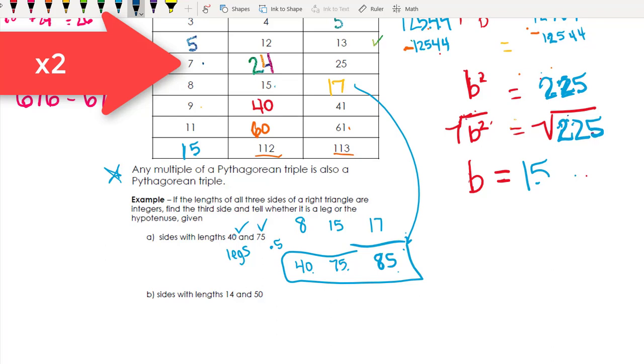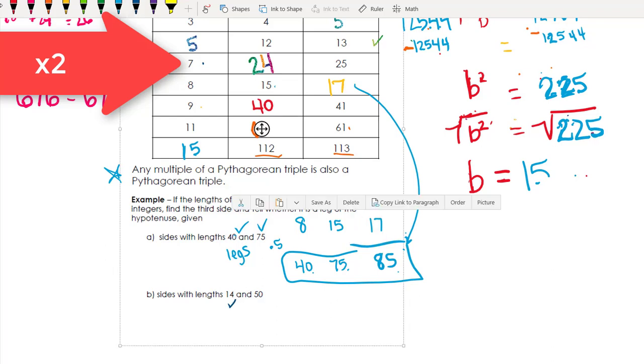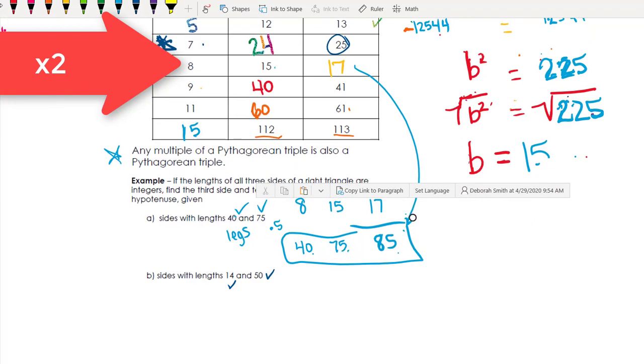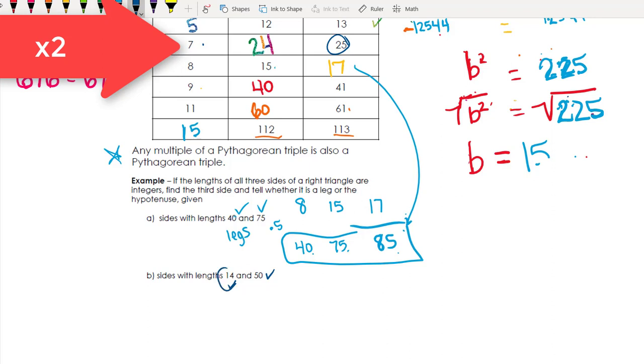7 times a scale factor of 2 would give me 14. And if I take this and multiply it by 2, I get 50. So this one's the leg, and this one's the hypotenuse. So 7, 24, and 25. 25 is the hypotenuse.